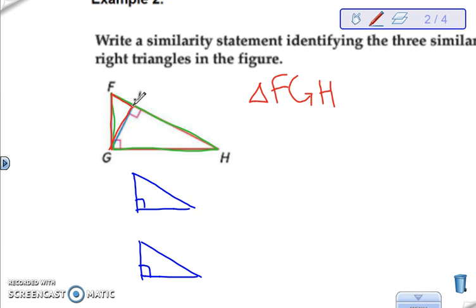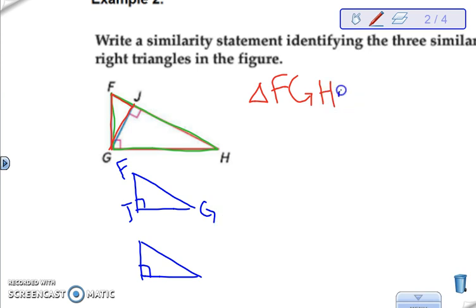Well, I look at it, angle F is also in the big triangle. So if F was on top there, F needs to be on top here. The right angle was G in the largest triangle, and I put that second. So the right angle here is J, and then notice G was the other point on the smallest triangle.